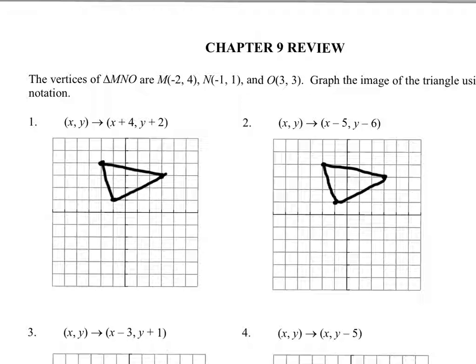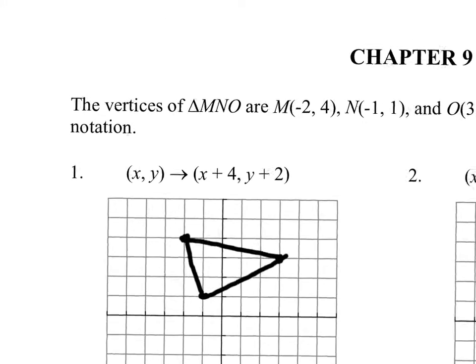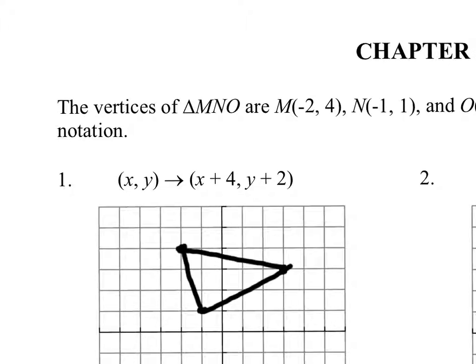And so the first thing to notice is that you see this kind of notation where it says (x, y) arrow (x plus 4, y plus 2). Now, what you want to remember is that x controls where something is from left to right, and y controls its location in terms of its height.